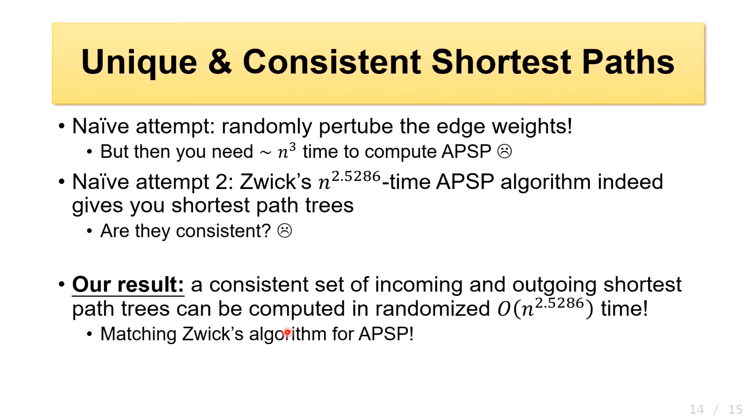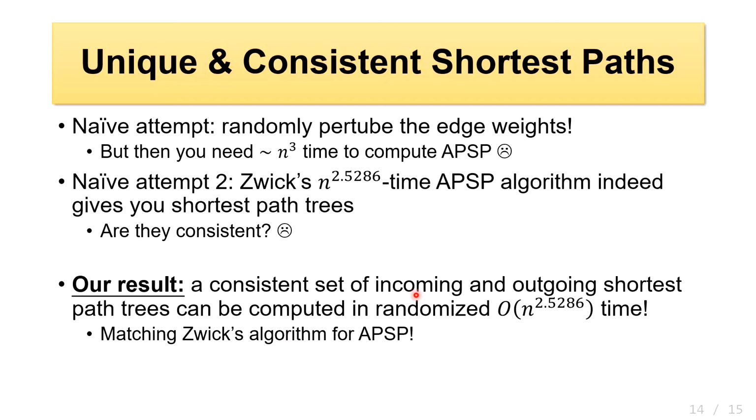Our result is that we can solve this problem in current APSP time. More precisely, we can compute in randomized n^2.5286 time a consistent set of n incoming shortest path trees and n outgoing shortest path trees. So our result matches the currently best time bound for APSP.